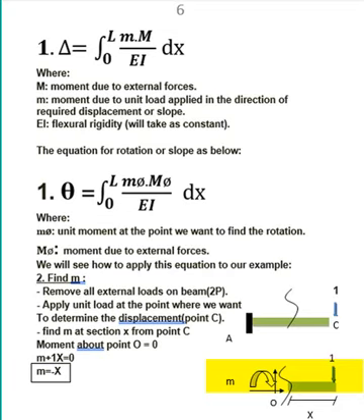Then we take section X as shown in the figure from point C, and we cut the beam at a distance X from point C. We take X from right to left to avoid calculating the reaction at point A, so it is not required to calculate the reaction. So we take the cut from C to O.